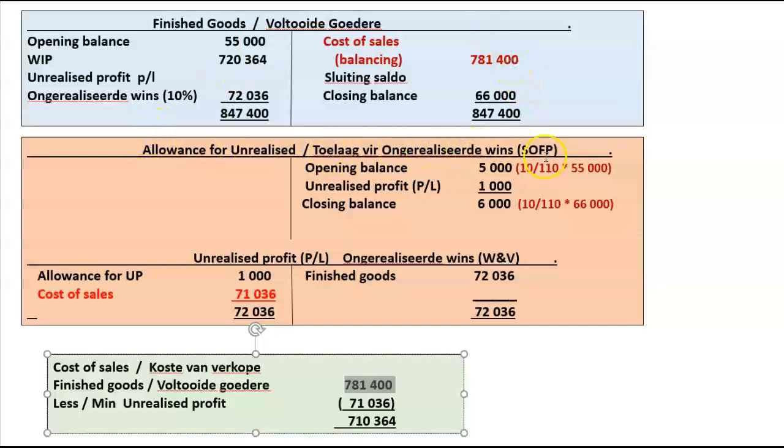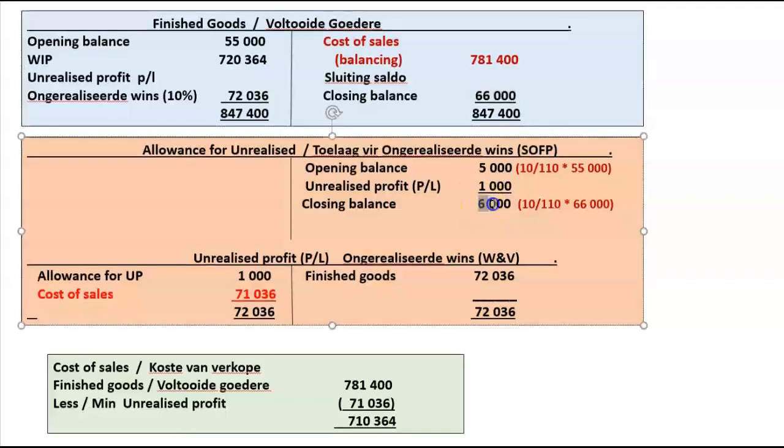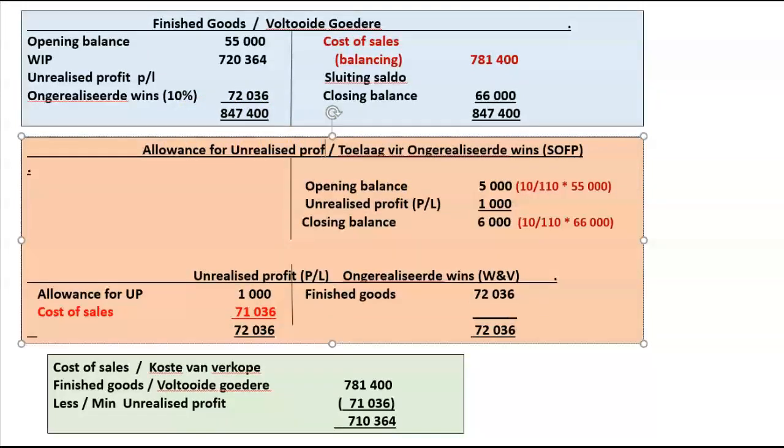Now in our allowance for unrealized profit, we said that our closing balance of our finished goods account is 66,000. If we were going to work out the unrealized profit component, it's multiplied by 10 divided by 110, and that means that we want the closing balance of our allowance for unrealized profit to be equal to 10 divided by 110 multiplied by 66,000, which is 6,000 rand.